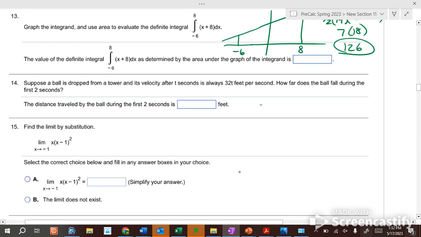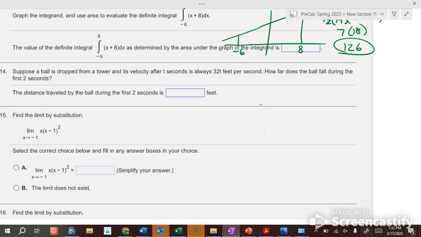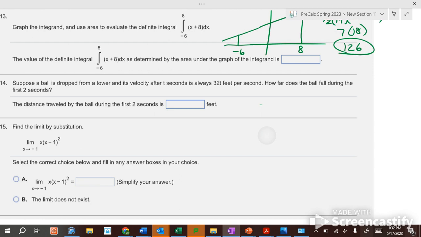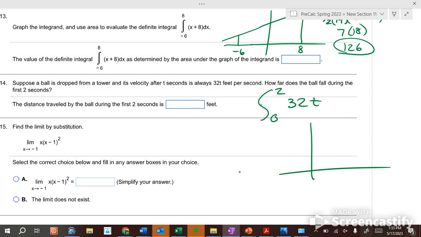Here we have the integral from 0 to 2 seconds of 32t. So 32t goes like this. It's a triangle from 0 to 2.